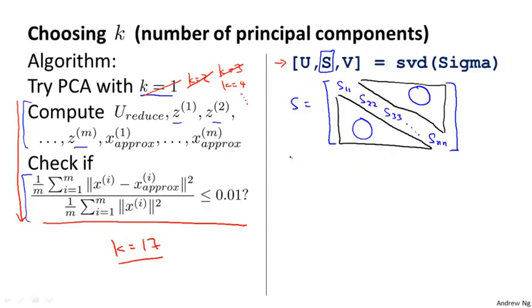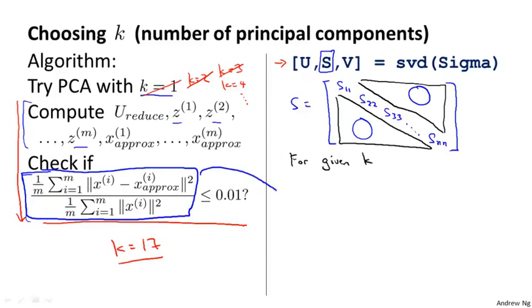And it is possible to show, and I won't prove this here, that for a given value of k, this quantity over here can be computed much more simply, as 1 minus the sum from i equals 1 through k of Sii divided by the sum from i equals 1 through n of Sii.